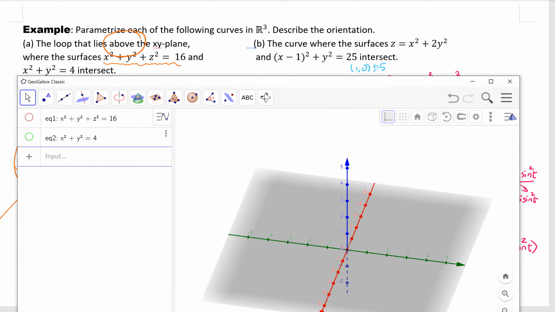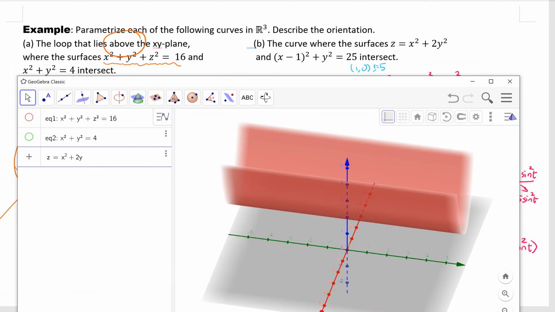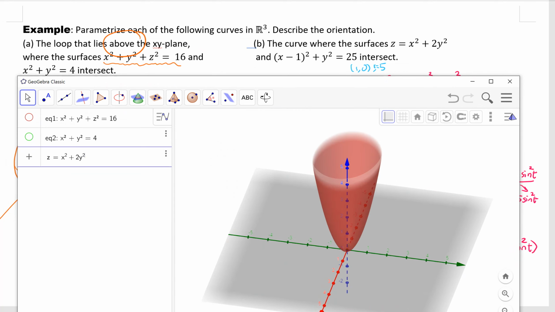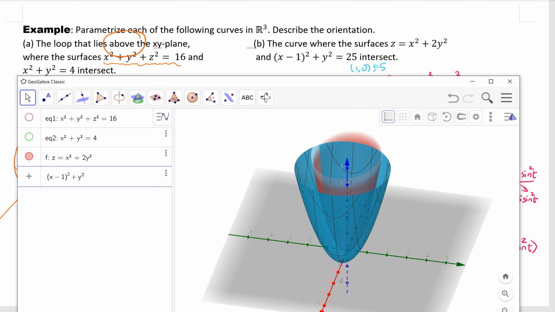Let's input z equals x square plus 2y square. Okay, so this gives us a paraboloid. And the second one, we have another cylinder, x minus 1 square plus y square equals 25.